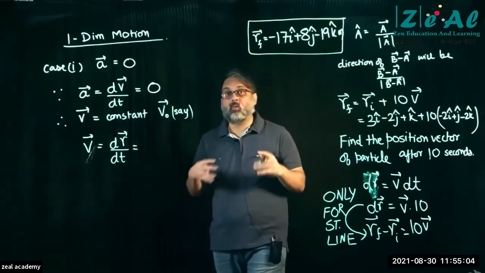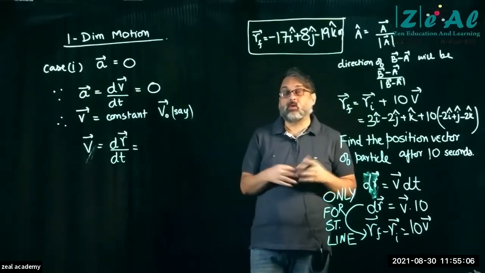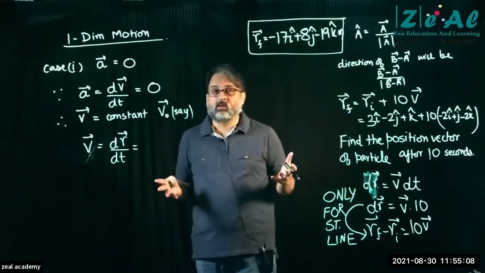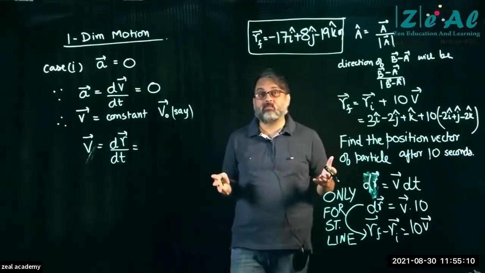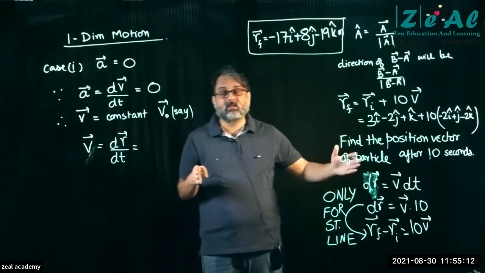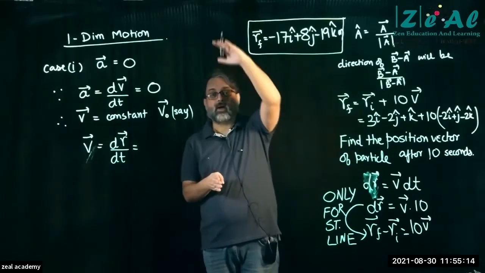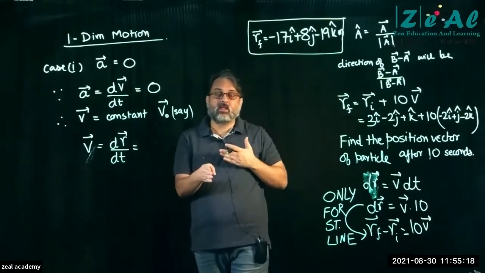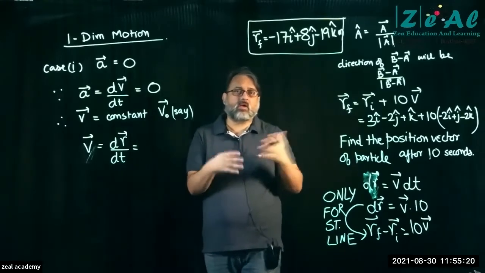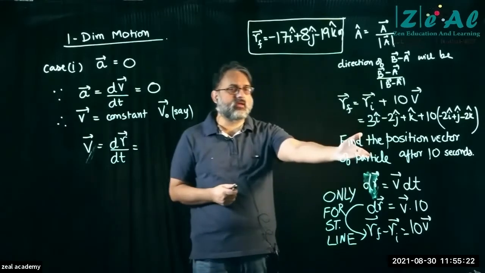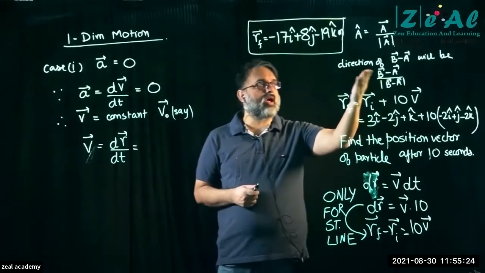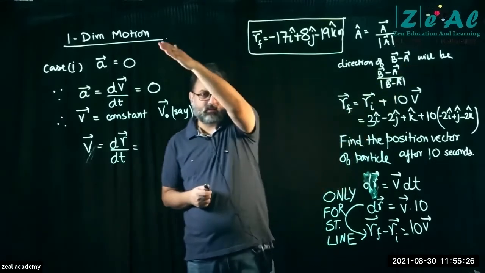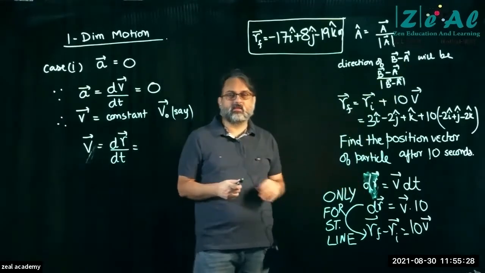We are working only in one dimension, but we don't know which dimension. The motion may be happening along the x-axis, the y-axis, the z-axis, or along any line. For example, here, the motion was happening along b minus a. It's a line in space.